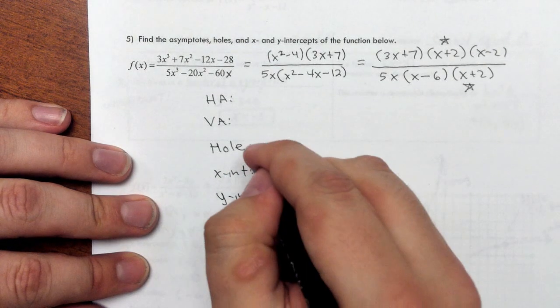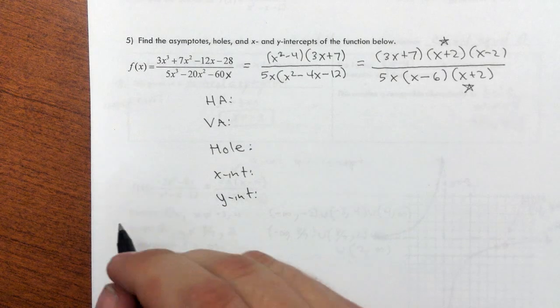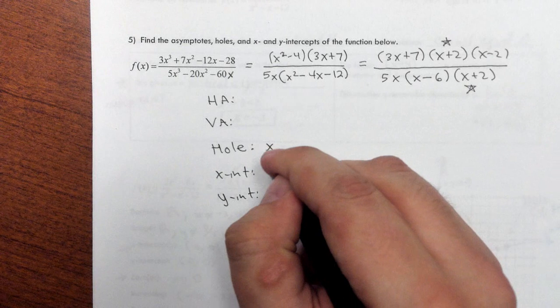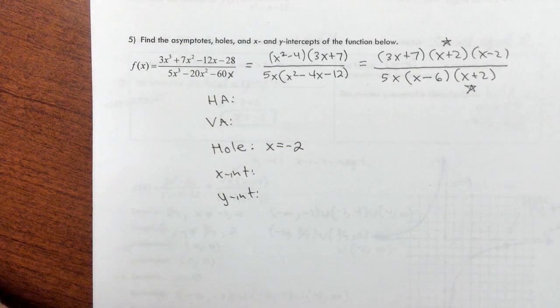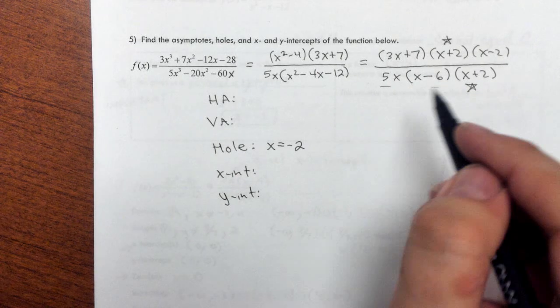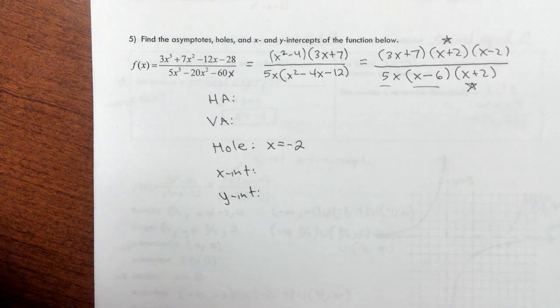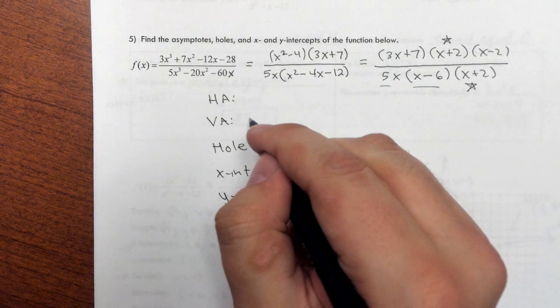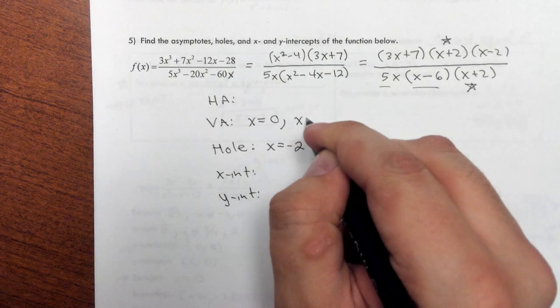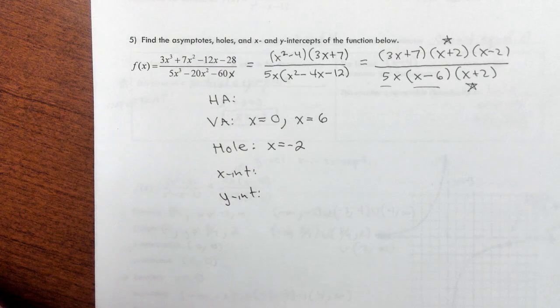So for my vertical asymptote, first off, I have a hole at x equals -2. These distinct factors in the denominator will each give me a vertical asymptote. This function has two vertical asymptotes, x equals 0, x equals 6.